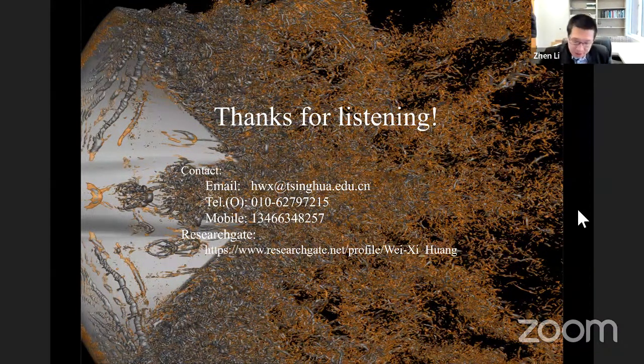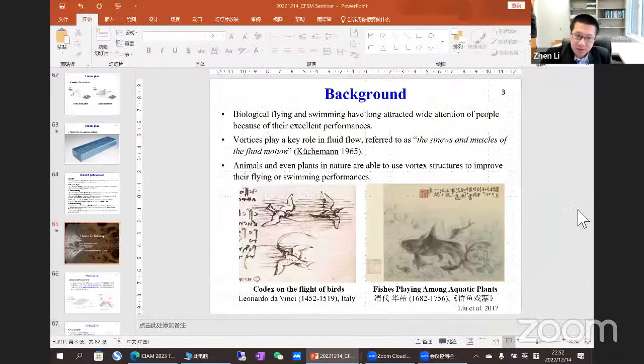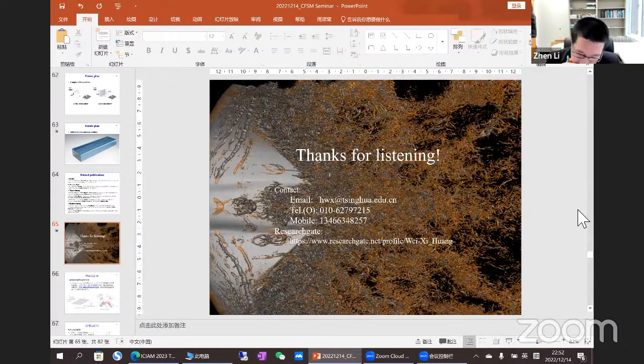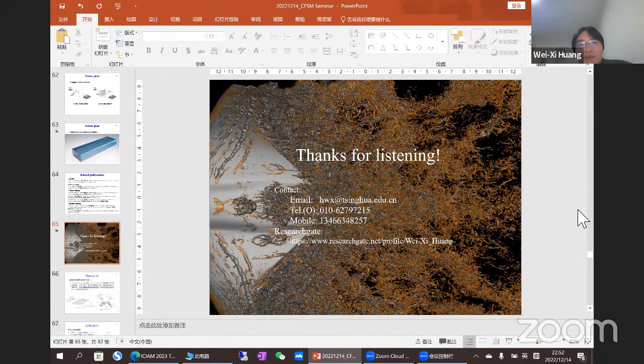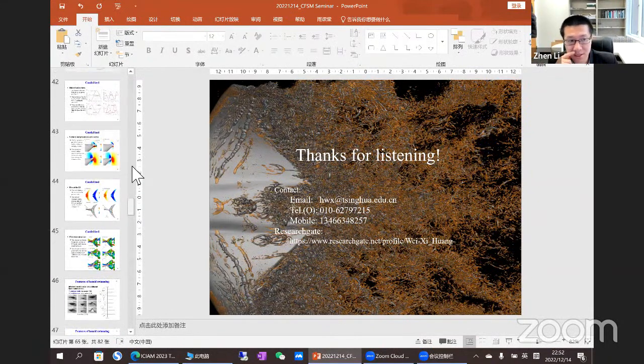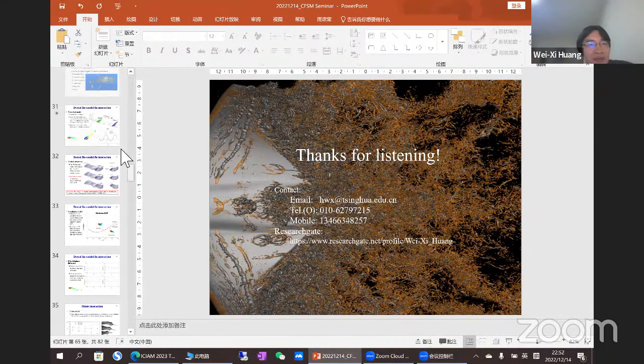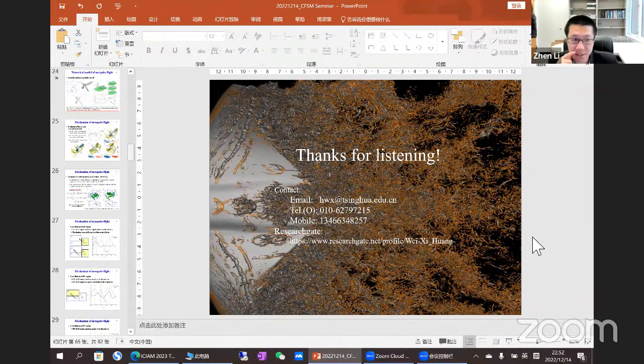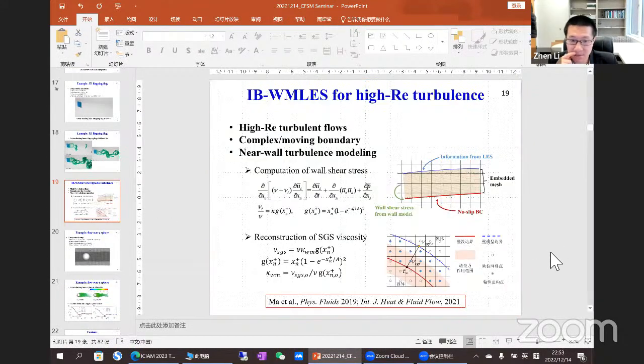I will start with my question. When you introduced the implicit inverse boundary method, you need to reconstruct the same boundary layer to capture the correct shear stress or viscosity in the model.